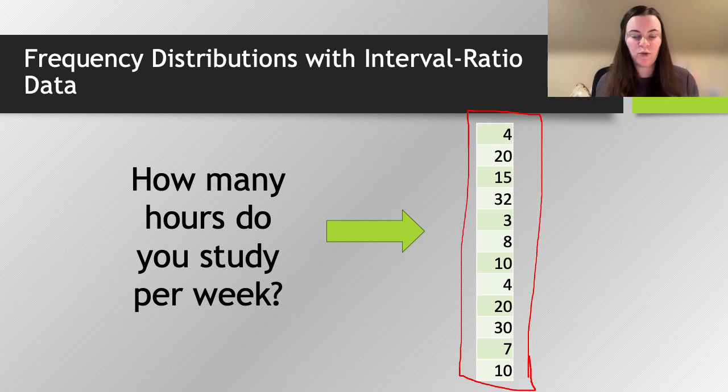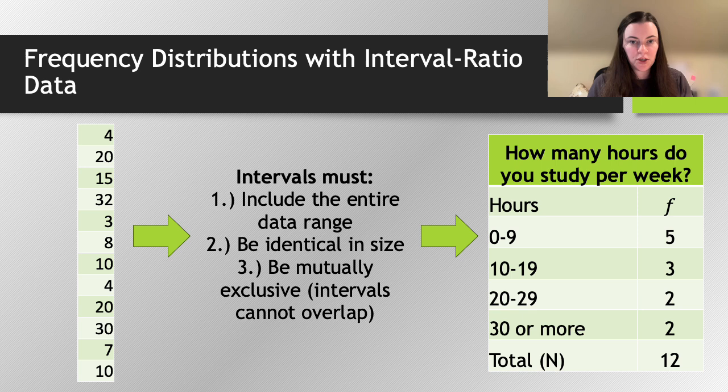The way that I have it formatted right now is not the best in terms of my ability to communicate this information to a broader audience or to identify any patterns or trends that might give us an indication of how often our students are studying. A way that we can utilize frequency distributions to help us organize this data is through the use of intervals.